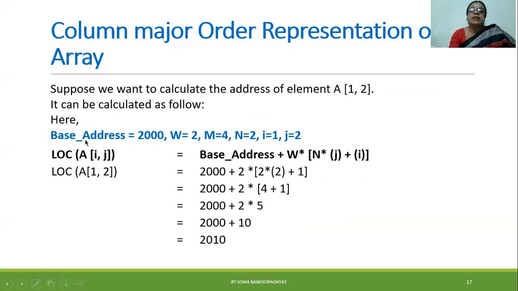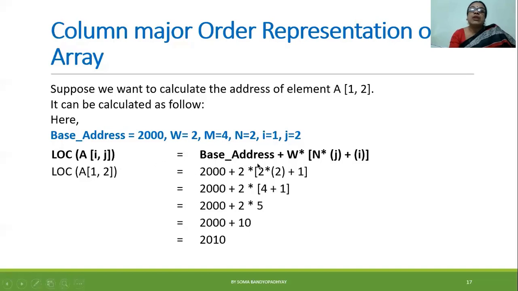Here the base address is 2000, W equal to 2, M equal to 4, N equal to 2. That means the number of rows equals 2 and the number of columns equals 4, so it is a 2 cross 4 matrix. I equal to 1 and j equal to 2. So the row index of the array is 1 and the column index is 2.